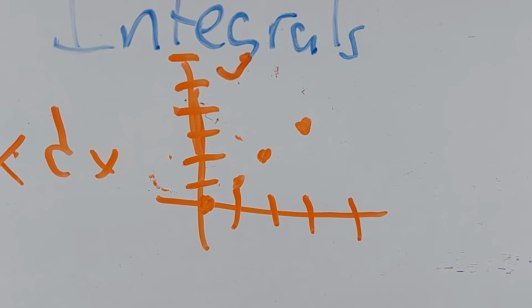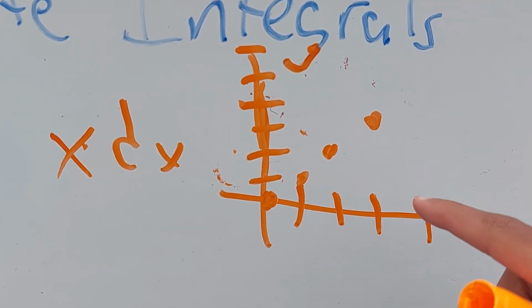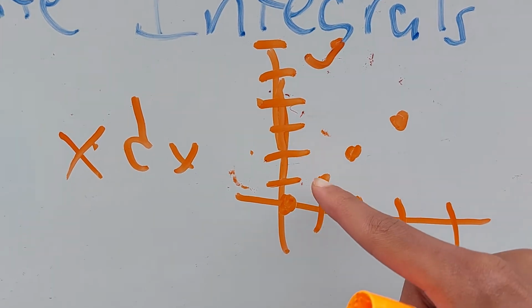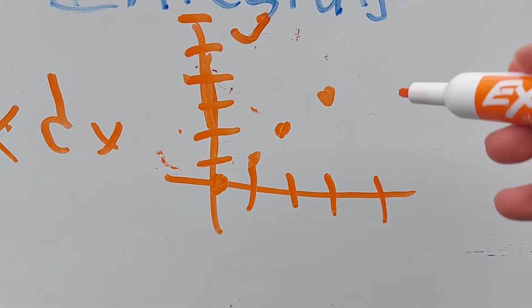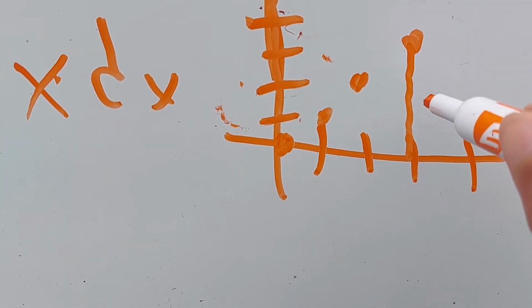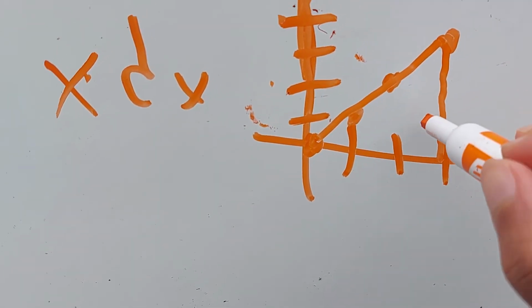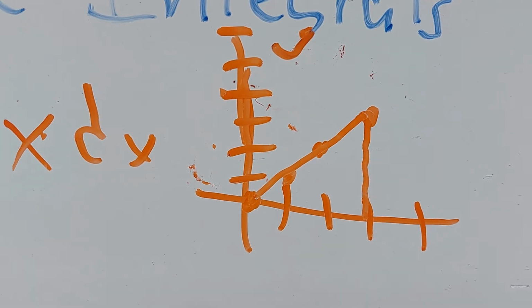So the graph goes to 4 on the x-axis, and here's the function, and because it's with respect to the x-axis, you're drawing the line down here, and this shape is a triangle, so now you have to find the area of this triangle.